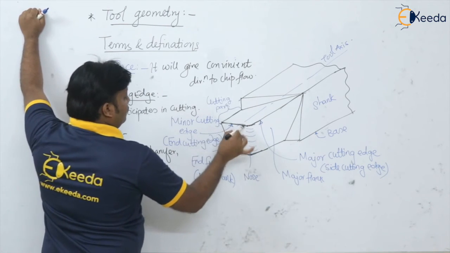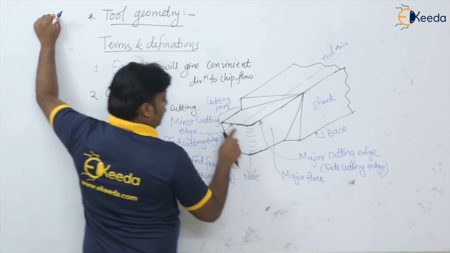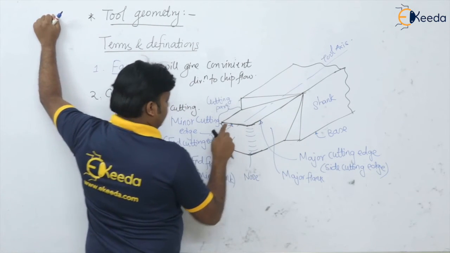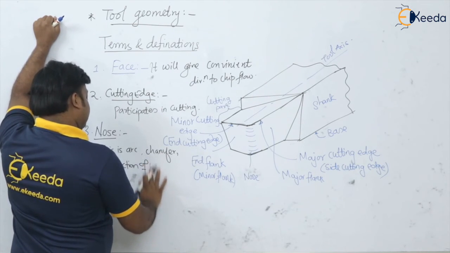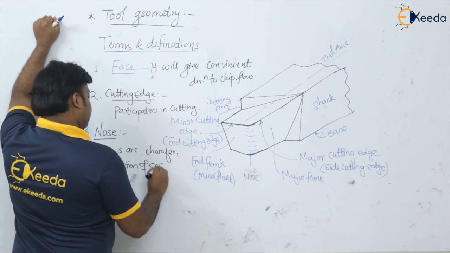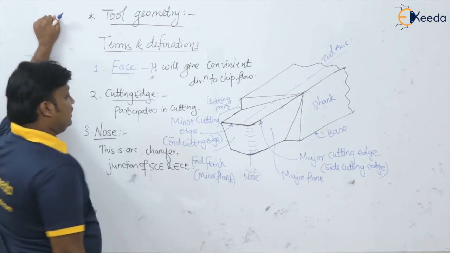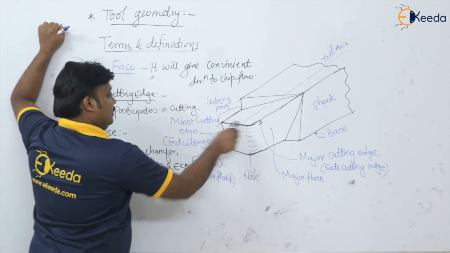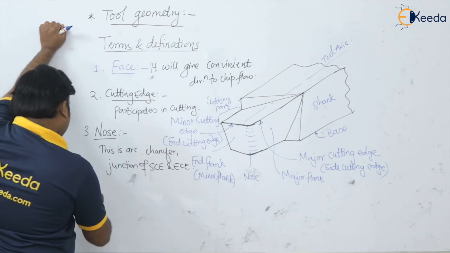Here two cutting edges meet, at the nose. One major cutting edge, one minor cutting edge. So this is a junction of the two cutting edges, side and end.